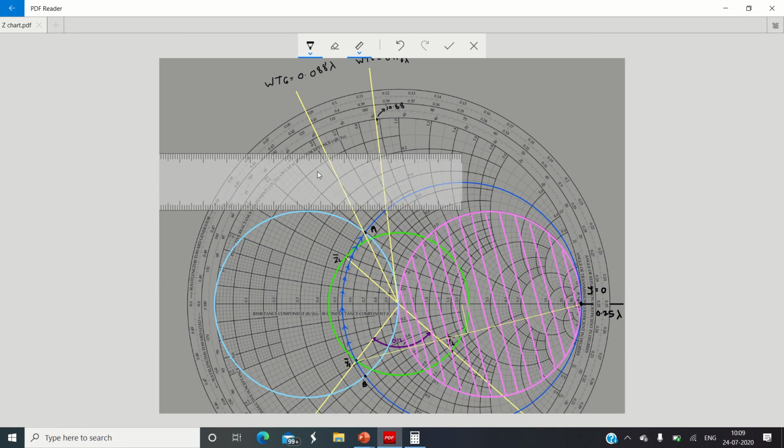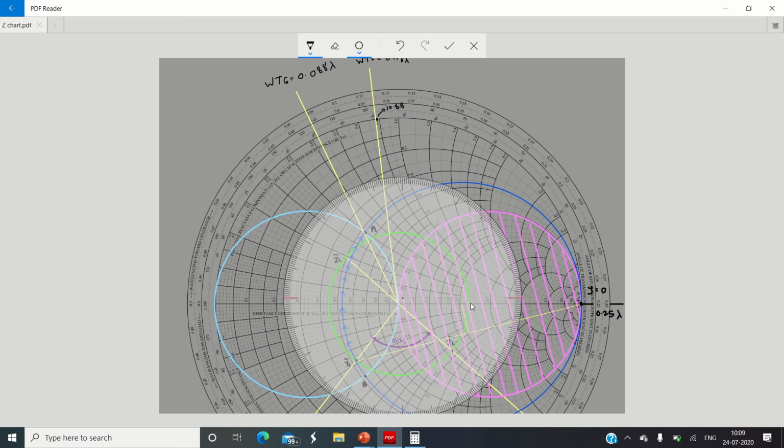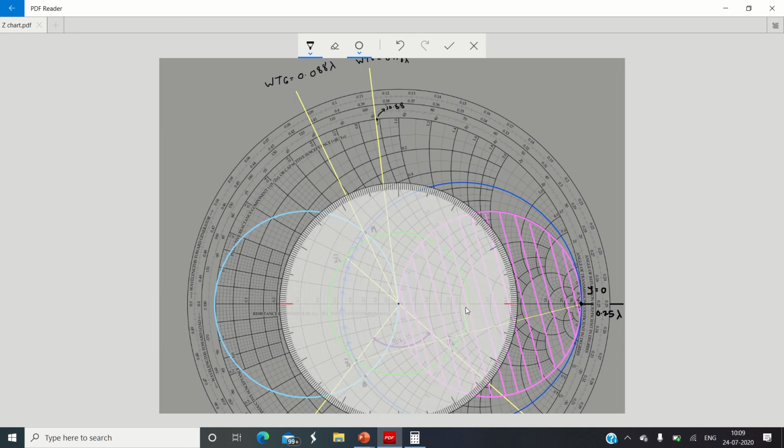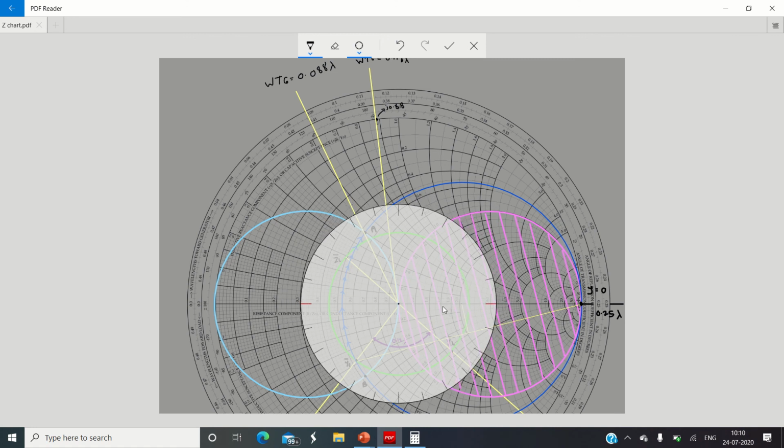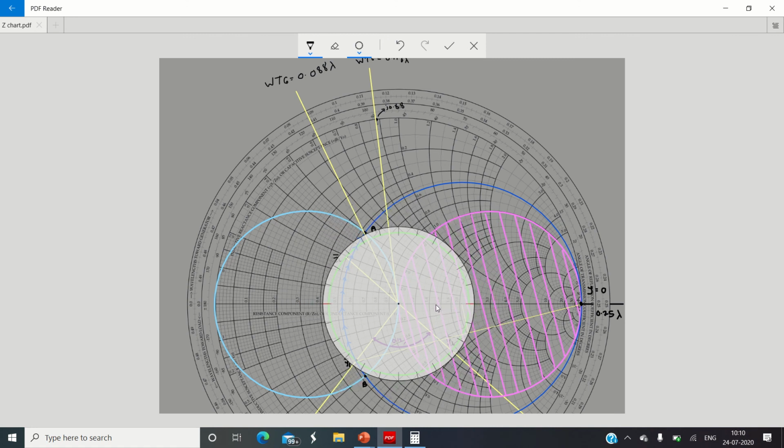So I will take the compass now, put the compass at the center, and highlight this distance. I will mark it in this way.